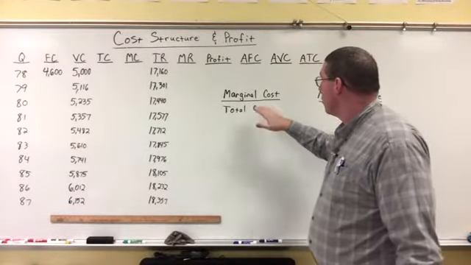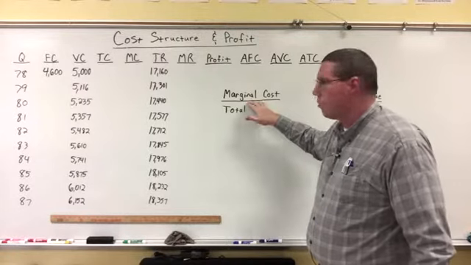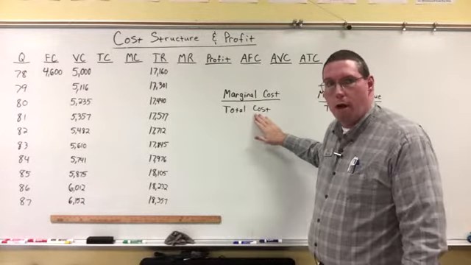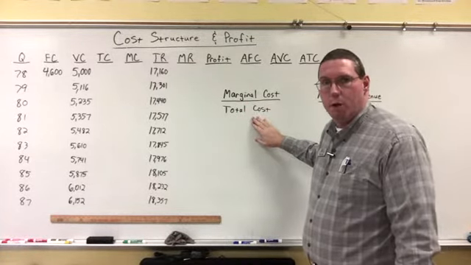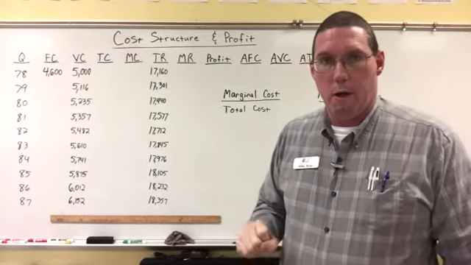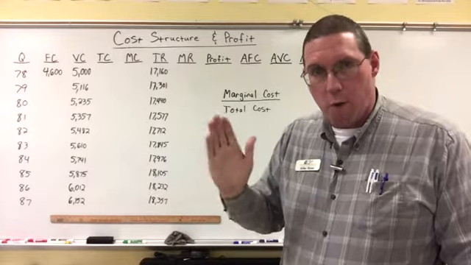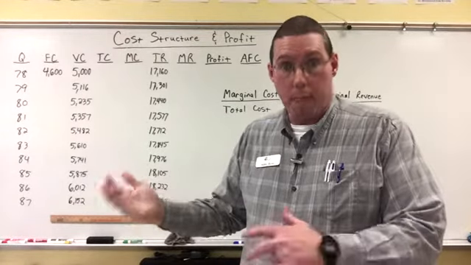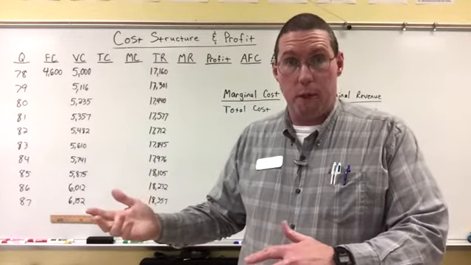So here's the thing. Marginal cost is concerned with how total cost is affected when a business produces one more unit. When the business produces one more unit, it costs more money to be able to produce that one more unit.